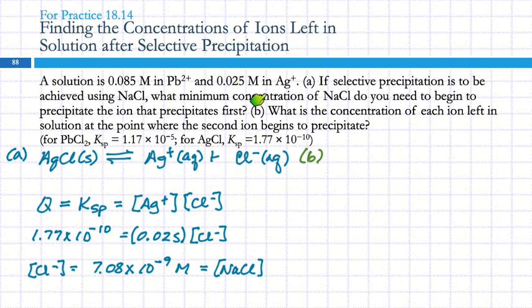And so we want to know the concentration of each ion, so we're going to need the sodium chloride concentration as well. But we're going to look at KSP for PbCl2.